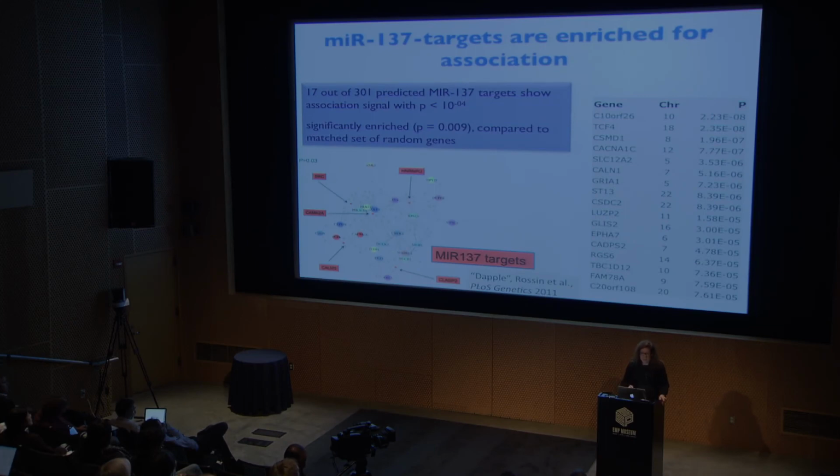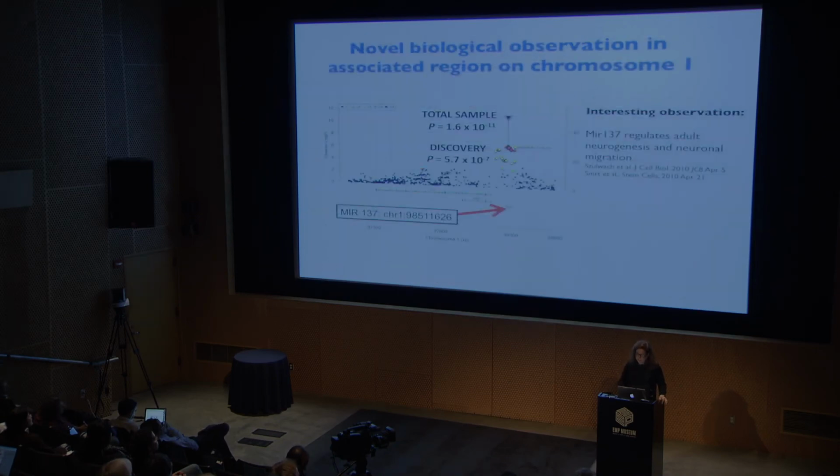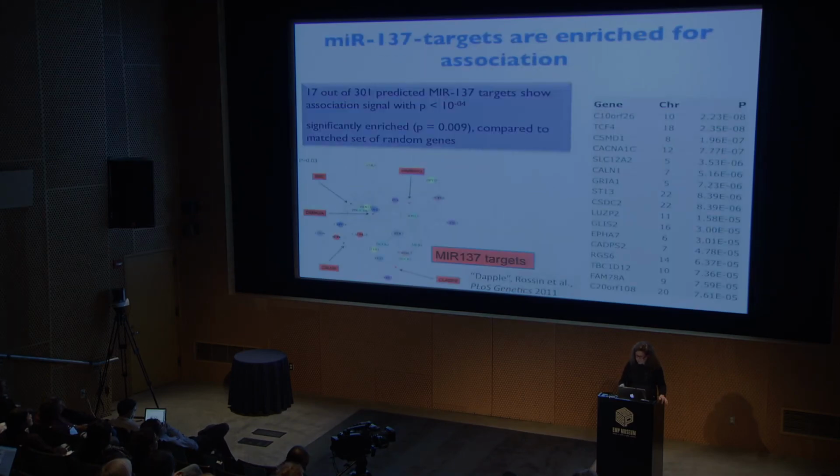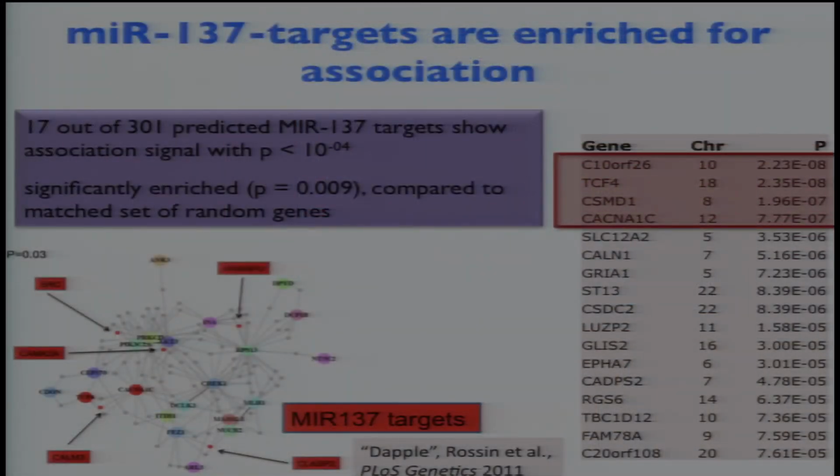Additional evidence of this is that when we take TargetScan and look at the predictions of microRNA miR-137 targets, we find that 17 out of the 301 predicted targets are very strong association hits with schizophrenia. Independently, in fact, 2 of the top 4 were genome-wide significant on their own.